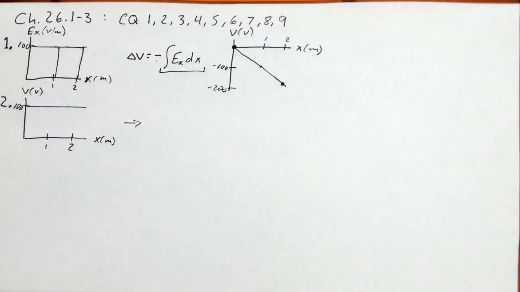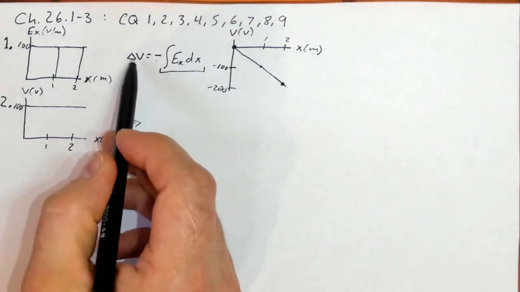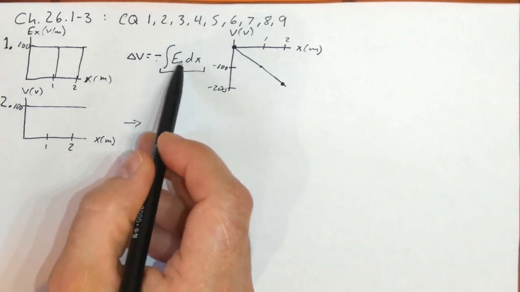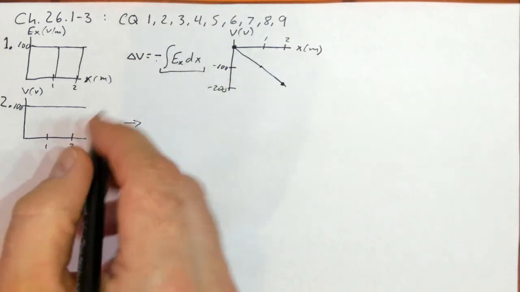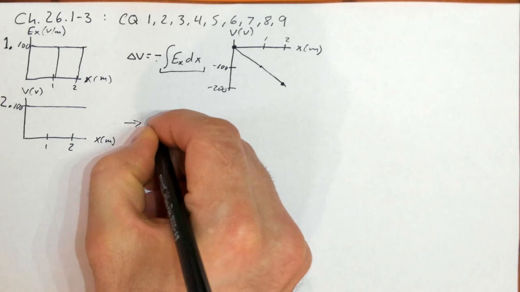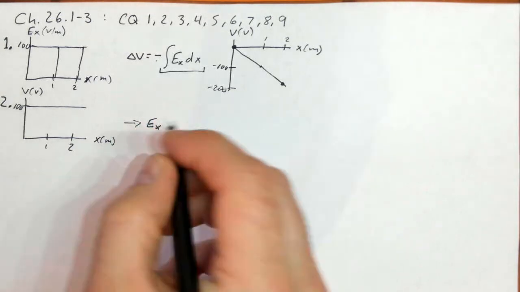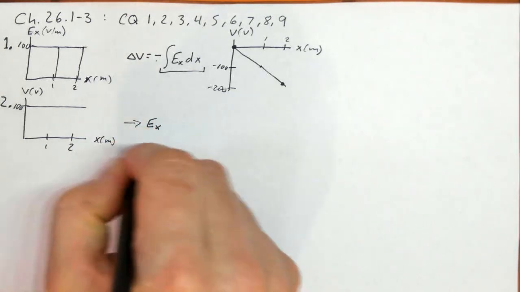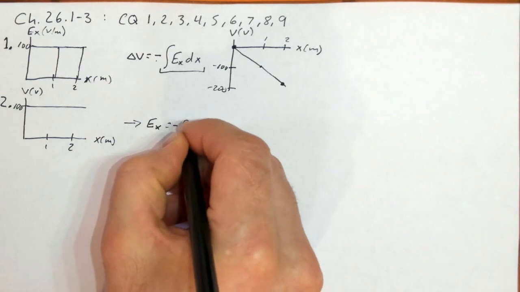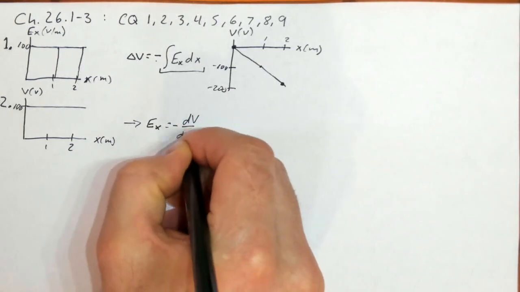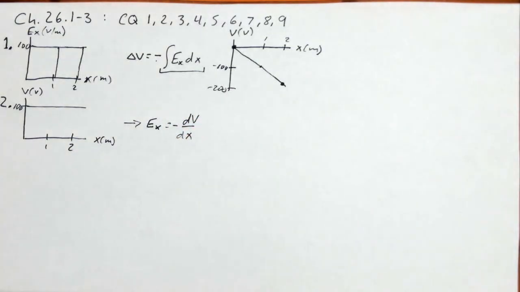What's the main idea? If potential difference is equal to the area underneath an electric field curve, well, we can reverse that. The electric field in the x direction, since we're going in the x direction, is the negative of the slope of a potential versus position graph.